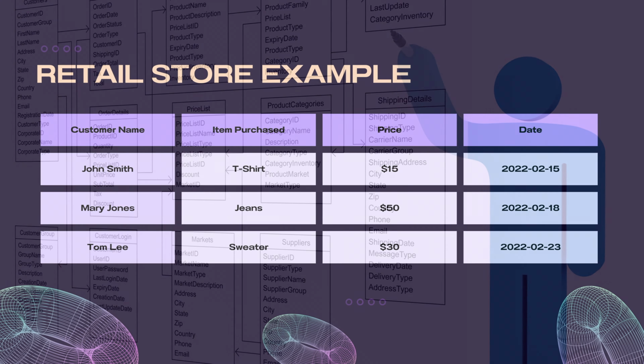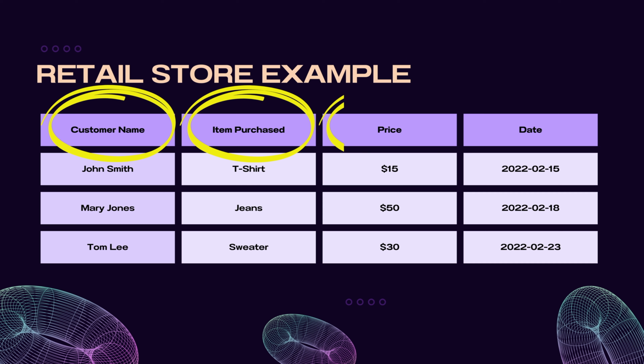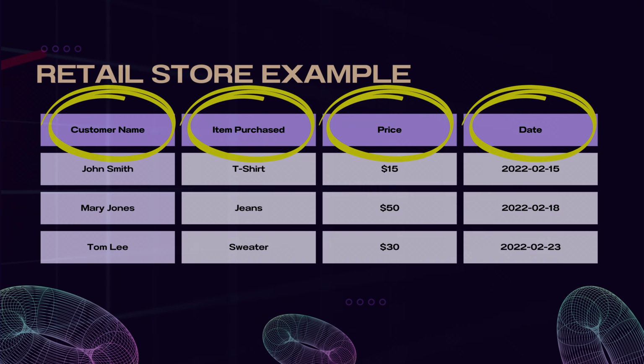Here is an example of what the data might look like. So we have a column or a field named customer name, which shows all the names of the customers. And then we have the item purchased, which shows which customer bought which item. And then we have the price of each item and the date on which that item was purchased.